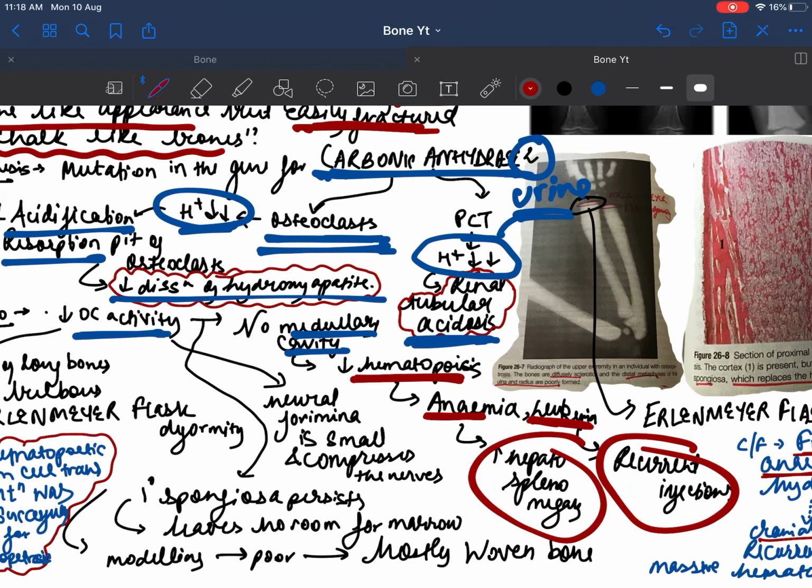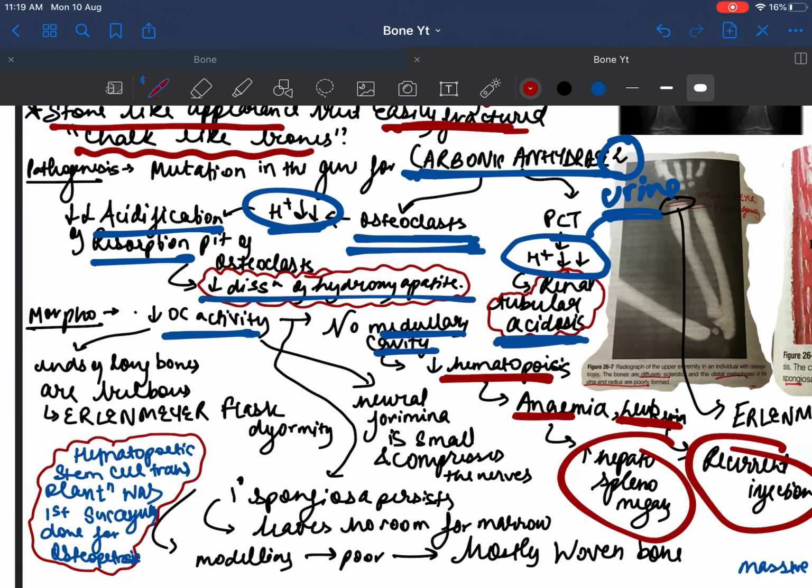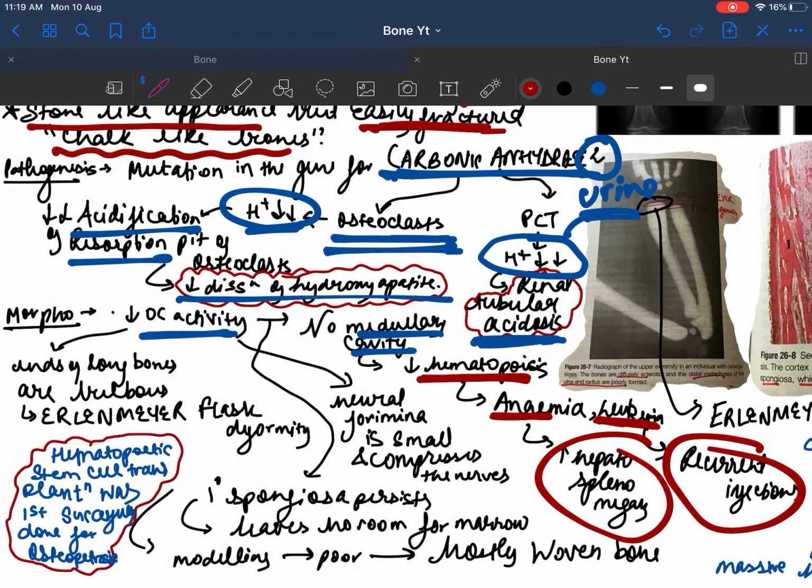and evident hepatosplenomegaly. Also, the primary spongiosa of the person will persist, as we have discussed in the development of bone. In normal conditions, bone formation takes place over the primary spongiosa, which is just a remnant part of the cartilage.